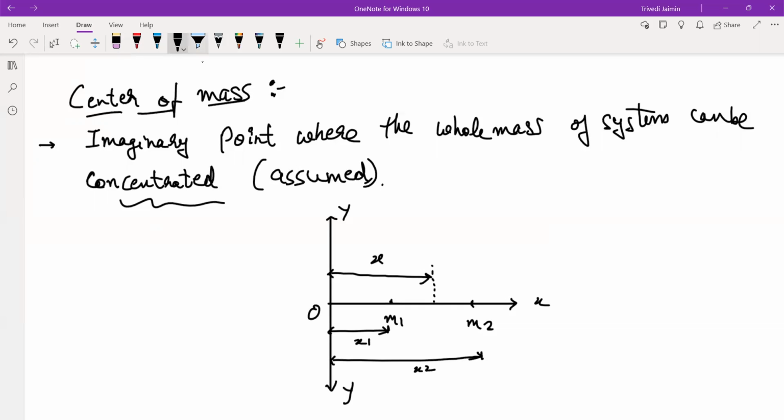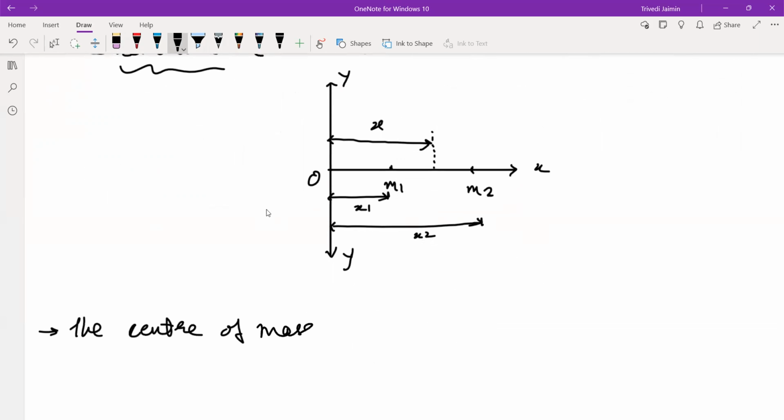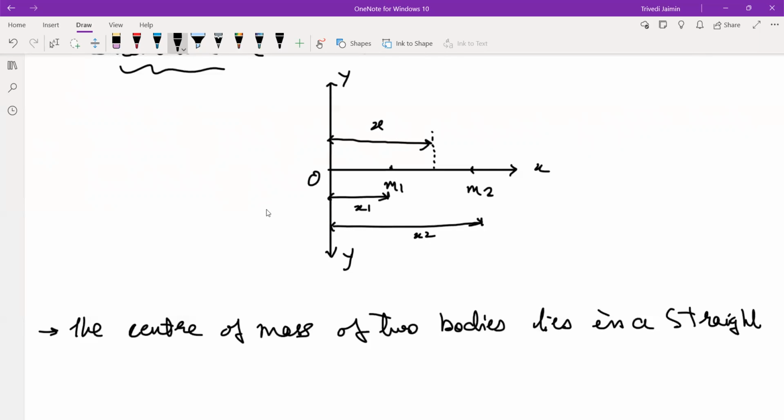Let's write that. The center of mass of two bodies lies in a straight line.